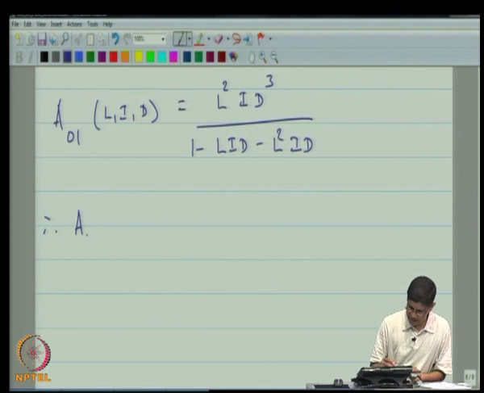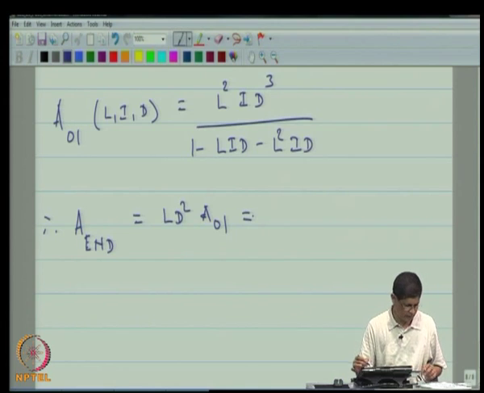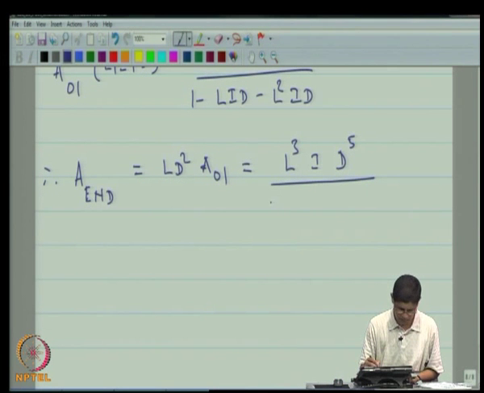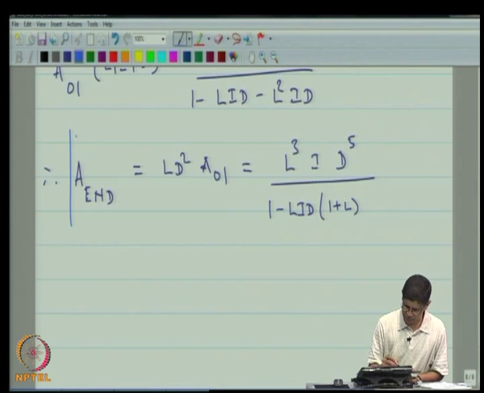Therefore, A end LID, which is equal to L d squared A01, is equal to L cubed I d to the 5 divided by 1 minus L I d into 1 plus L. Okay. So, this is what we have.